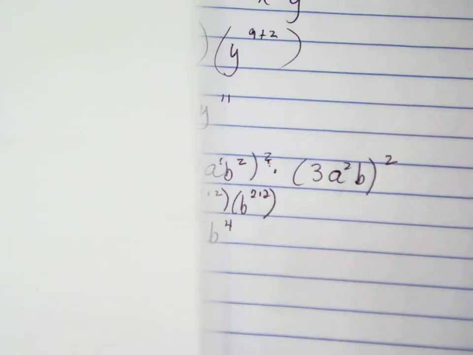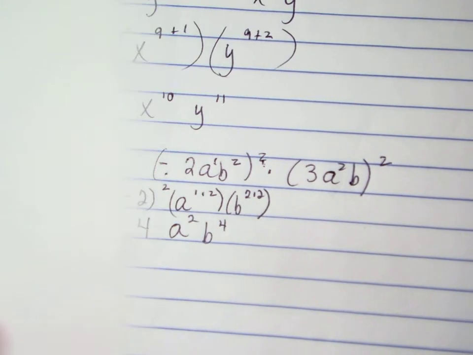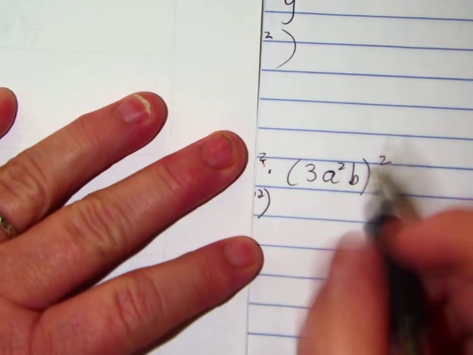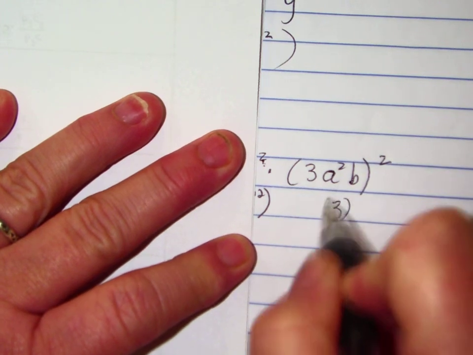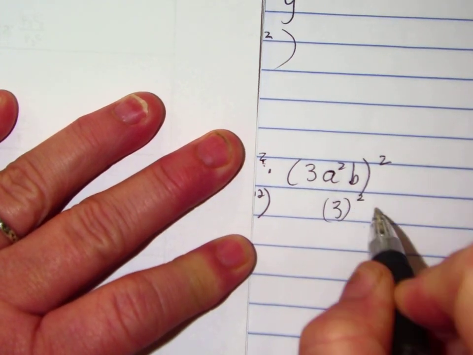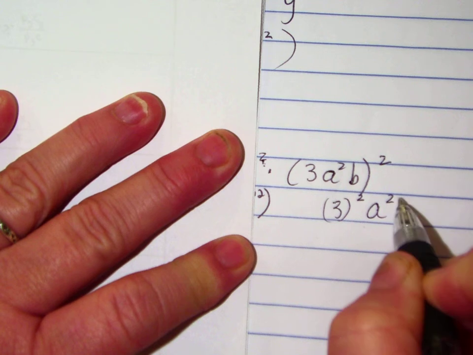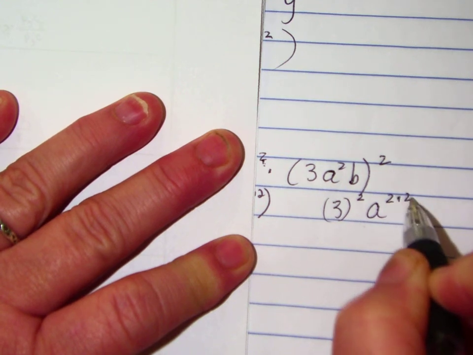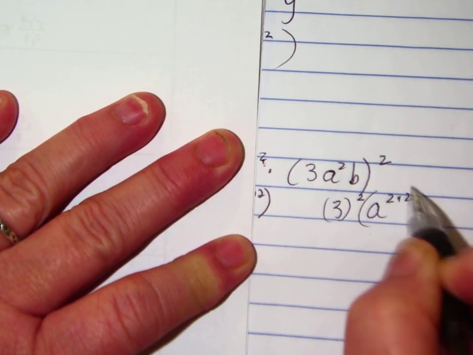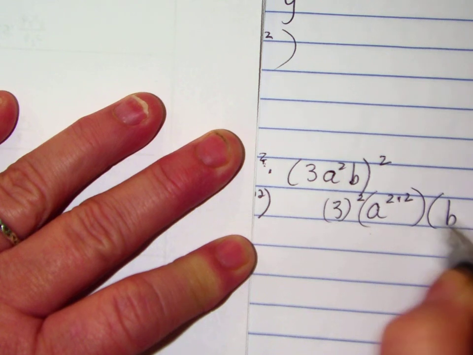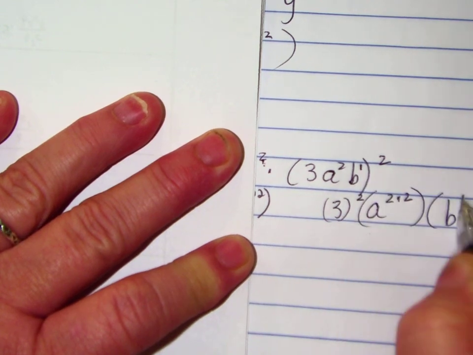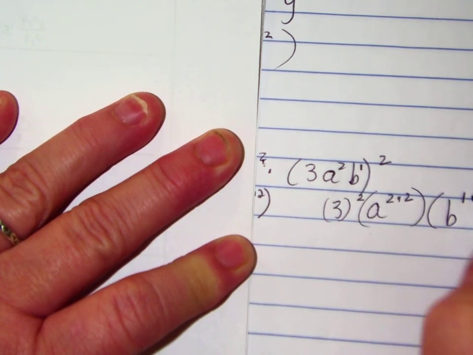Now let's go to the next one. And we say, okay, well, we've got this whole thing in here, so I have to square my 3. A to the 2 times 2 is a power to a power. And then b, of course, there's a silent 1 there, 1 times 2, my bad.